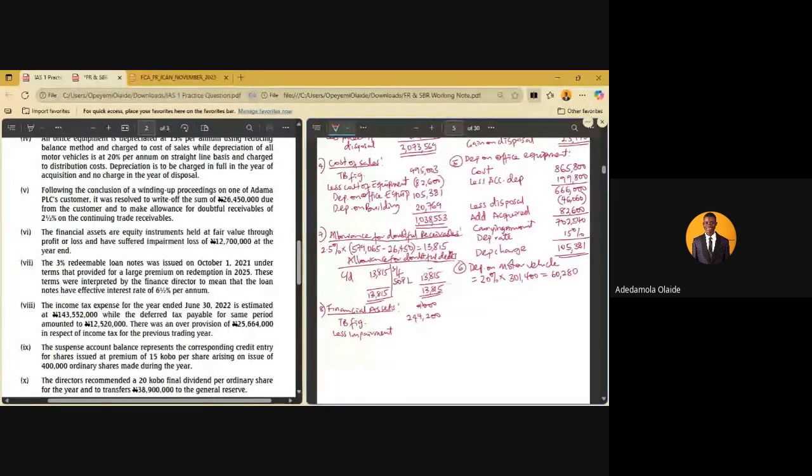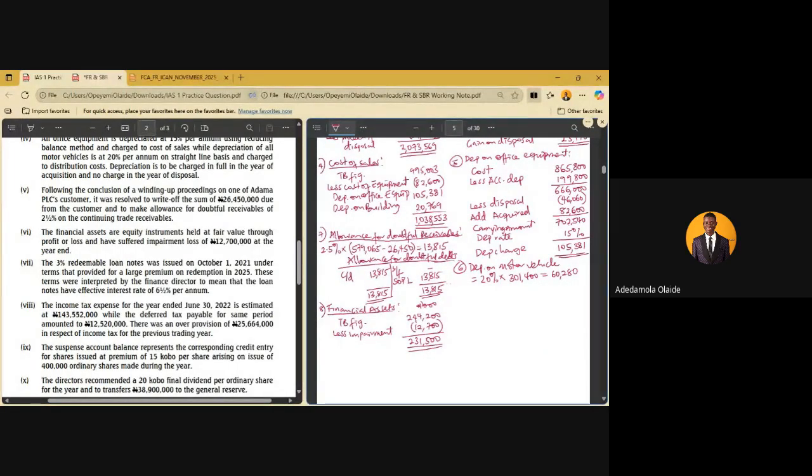Aside from those ones, others would most likely be the opening balance. So this is the opening balance. 12,700 is the impairment. So the closing balance now should be how much? 231,500. No problem.